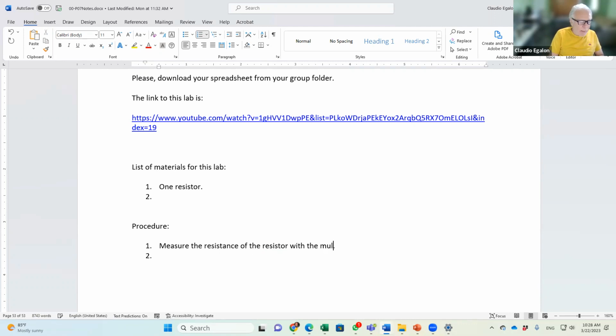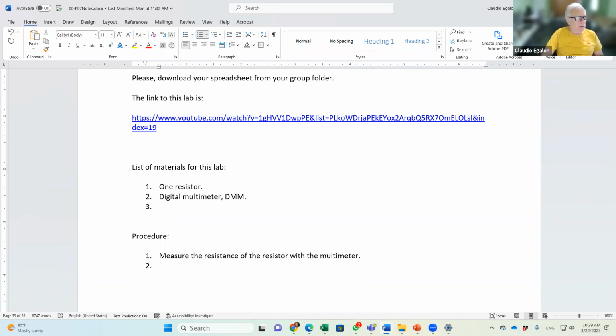with the multimeter. You already know that multimeters can measure resistance, can measure voltage, can measure capacitance, depending on the multimeter, of course, can measure current, can measure even frequency of a circuit. Okay, and in order to measure, part of the material is a digital multimeter, or DMM.